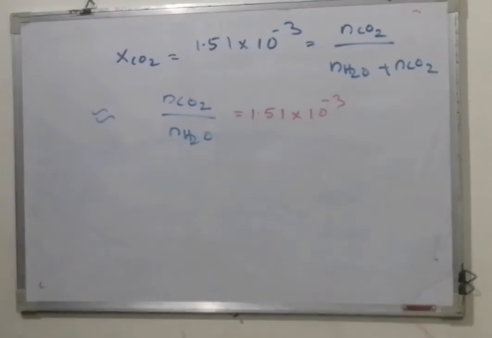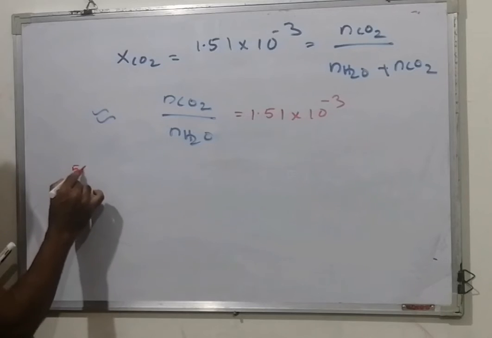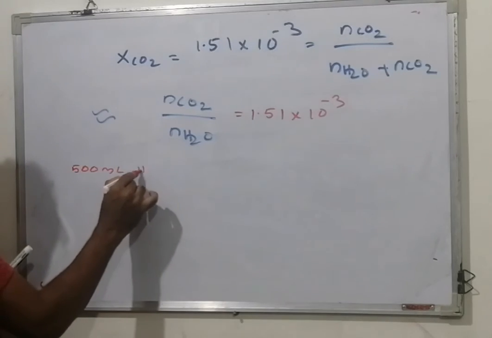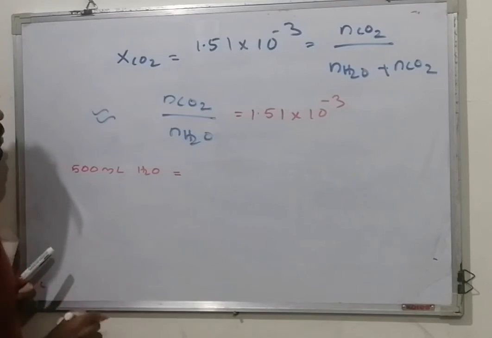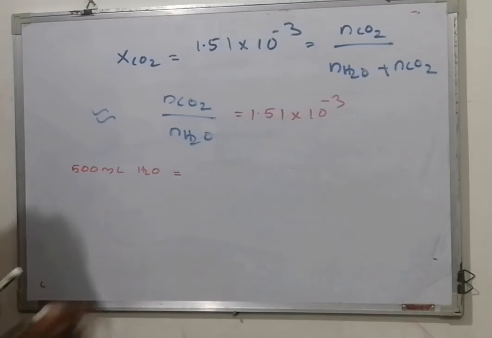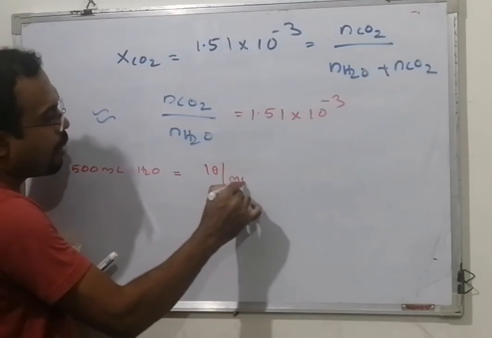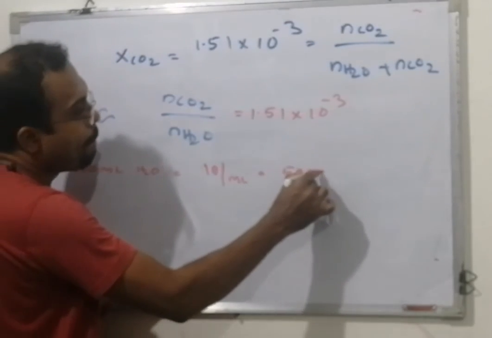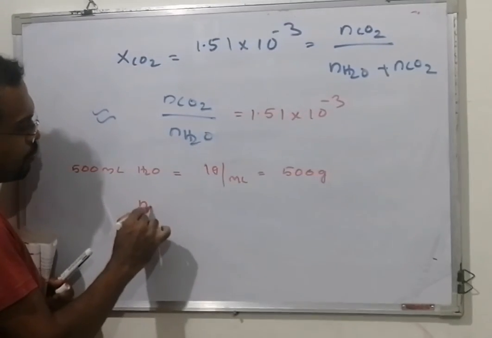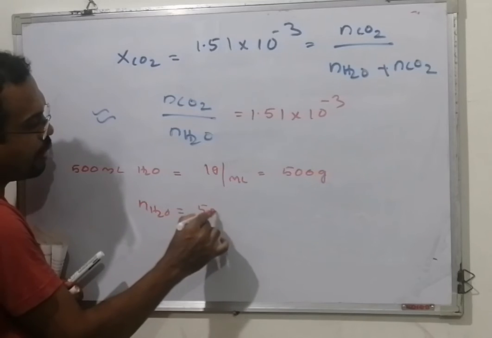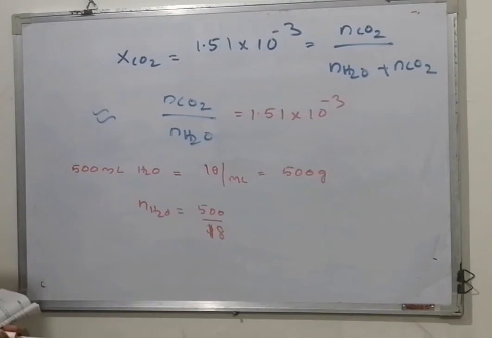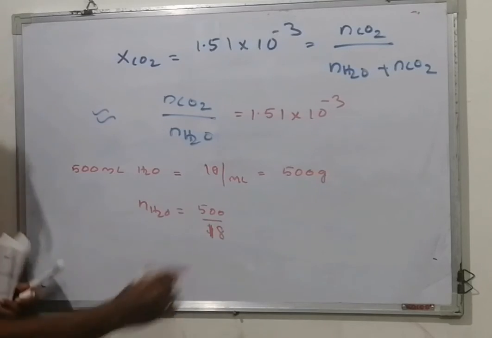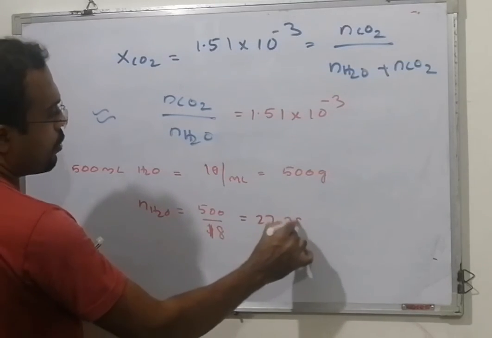Now you have 500 ml water. 500 ml water means, its density is 1 gram per ml, therefore it is 500 gram. Therefore, the number of moles of water is 500 divided by 18, that is 27.78.